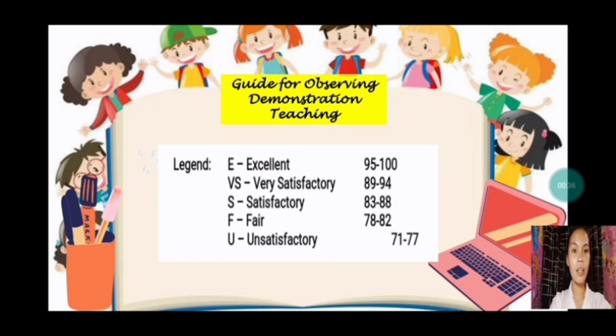Then next is the VS or the very satisfactory, 89 to 94%. Next is the S, or the satisfactory, graded 83 to 88. The next is F, or fair, 78 to 82%. The next is U, the unsatisfactory, 71 to 77%.